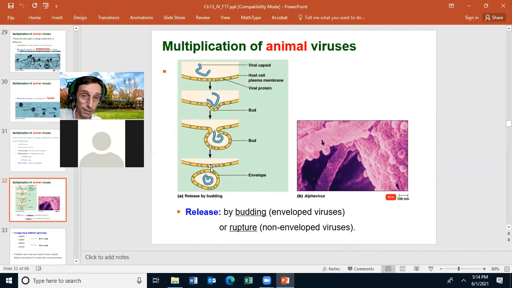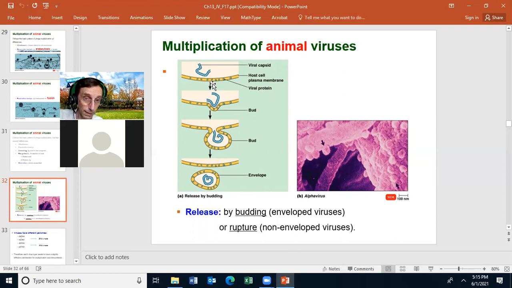And what happens is the virus multiplies in the cell, and then the virus nucleic acid gets put inside the viral protein coat, and that's what we're looking at here. And then this virus moves up to a membrane. It could be the cell membrane, as shown here. It could be the nuclear membrane, or it could be the membrane of the endoplasmic reticulum.